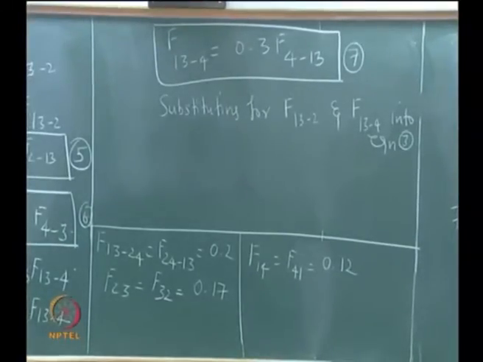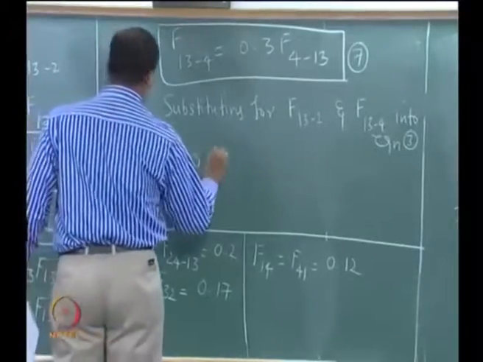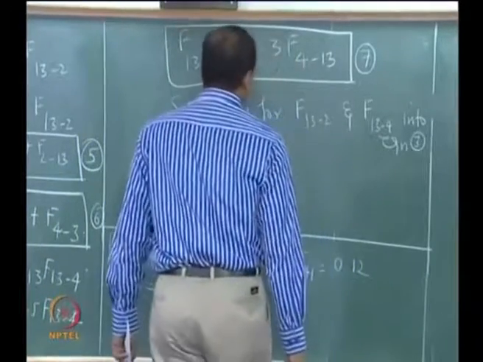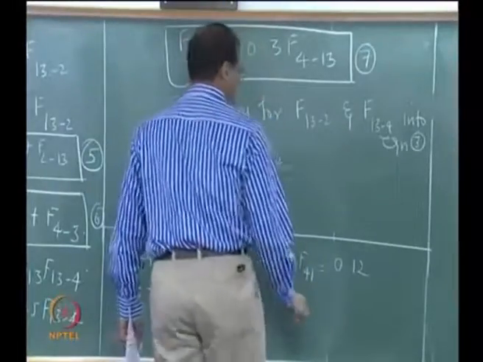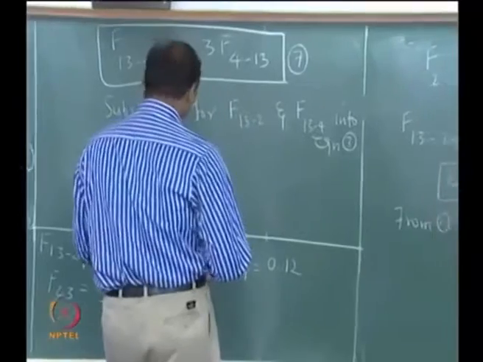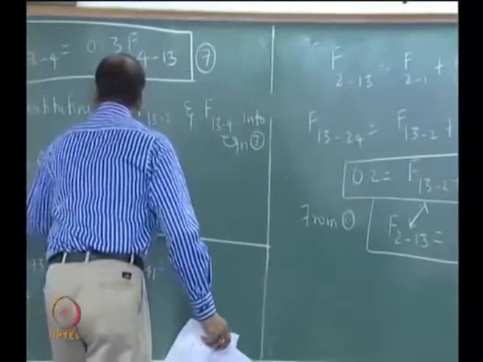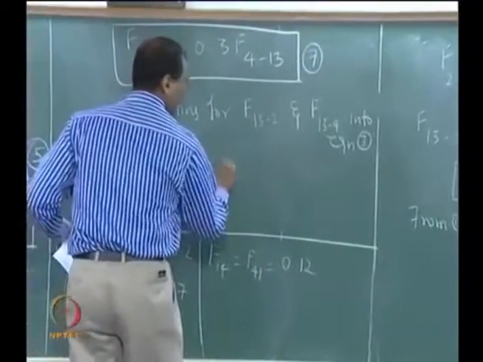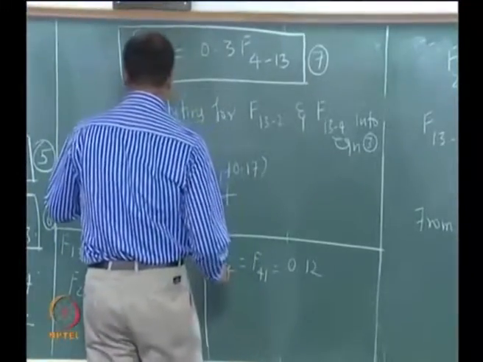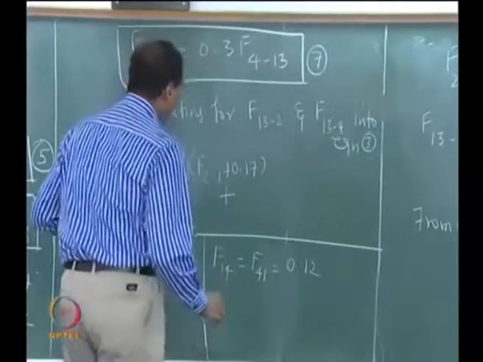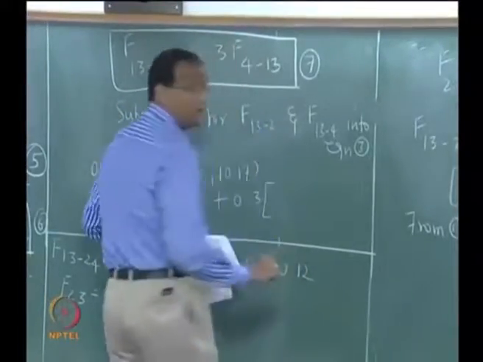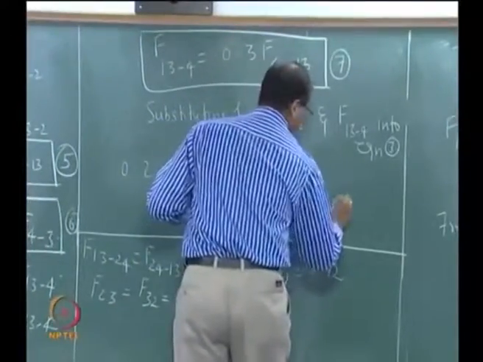Okay. So 0.2 equal to 0.7, okay, plus 0.3 into 0.12 plus, correct.